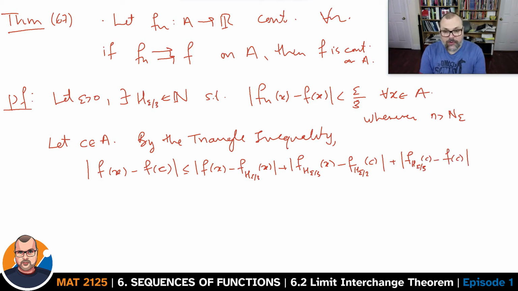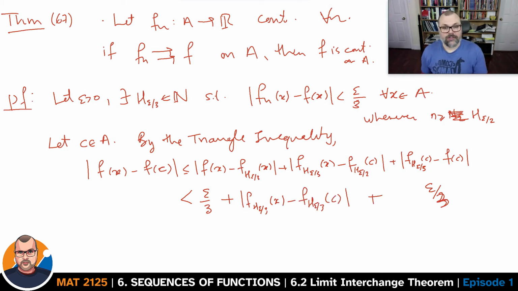We know that the first one of those is smaller than epsilon over 3. I wrote N epsilon here, but obviously I meant this index right here. That's what we have above. This bit is also smaller than epsilon over 3 for the same reason, since c is one of the points in A. And then we're left with this quantity right here.